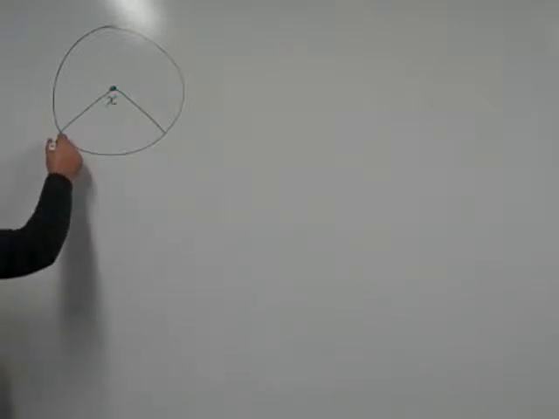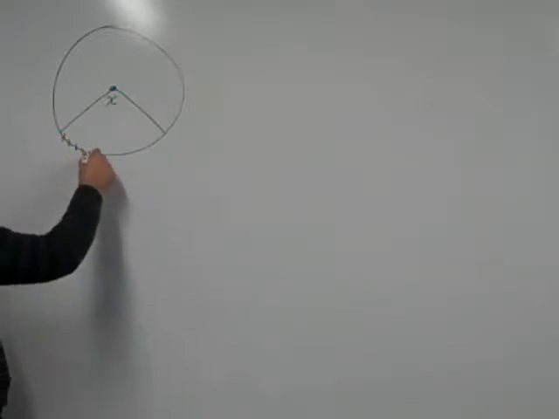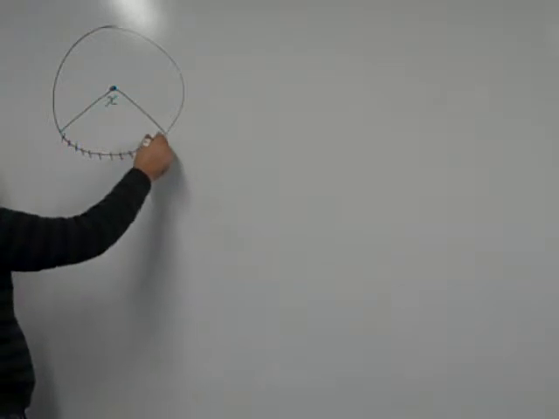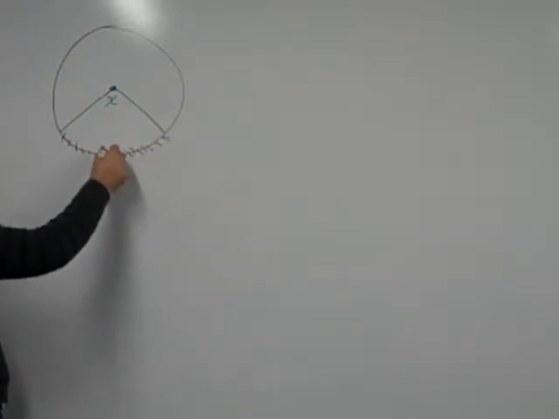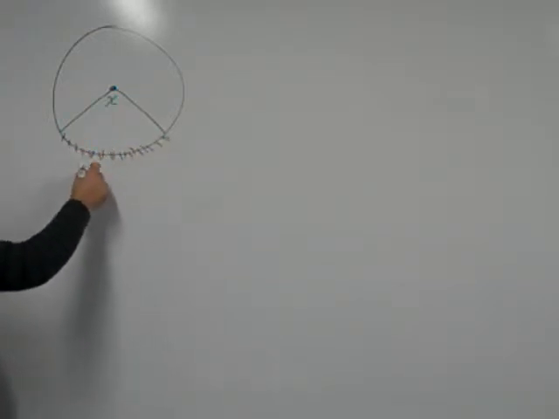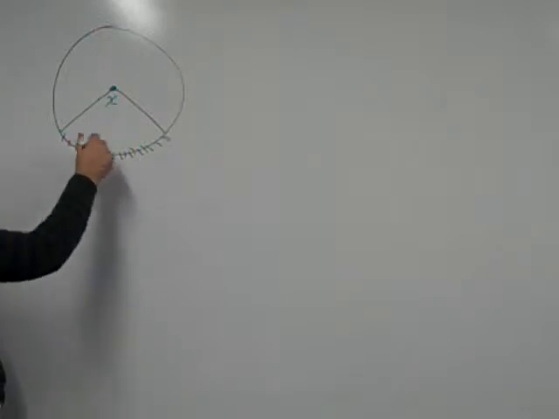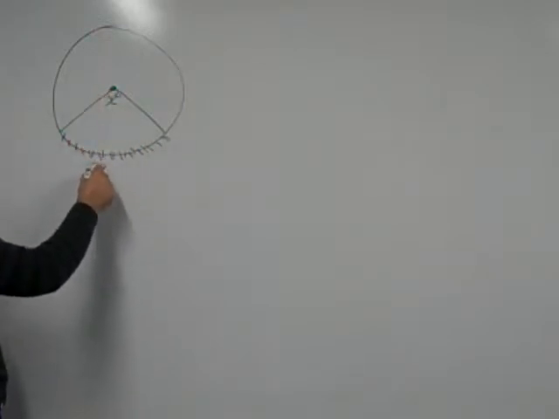If this angle is x, then it turns out that this arc that was cut off is also x degrees. It's also x degrees. Now, this is not a proof, but why is that?